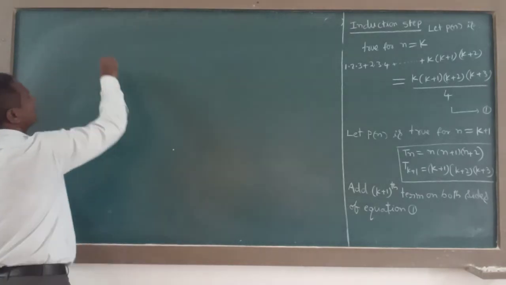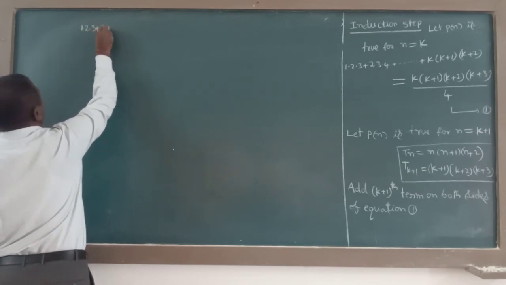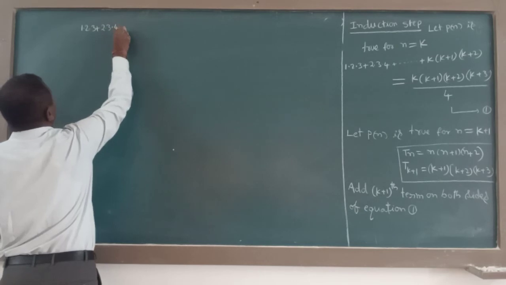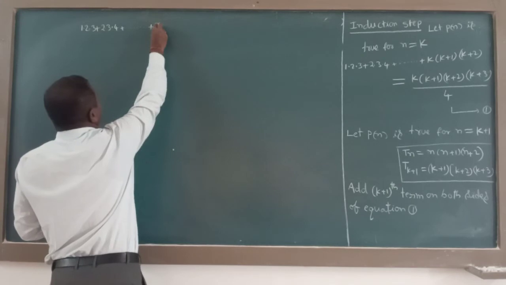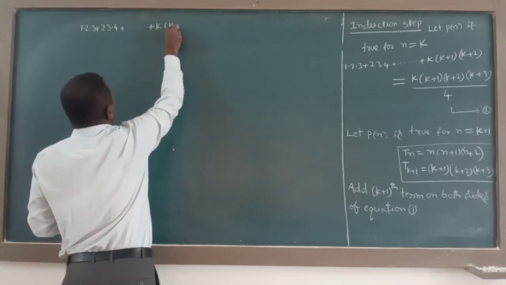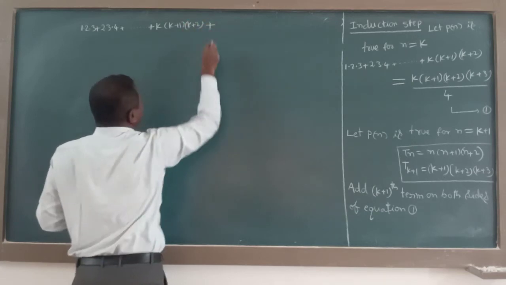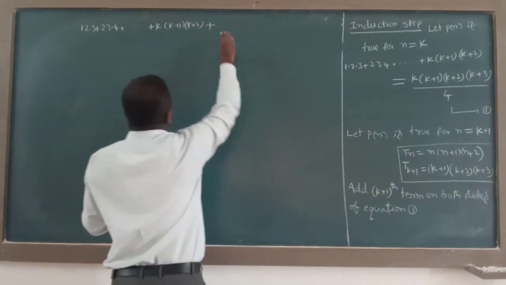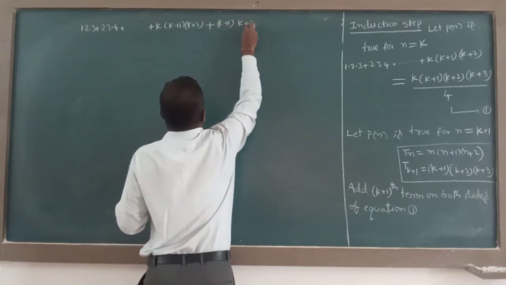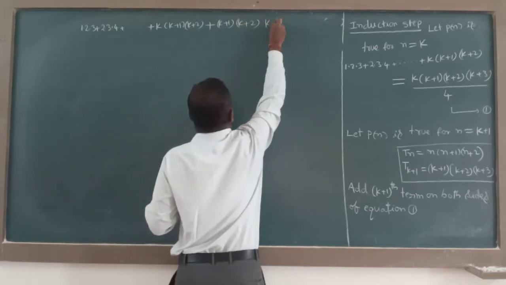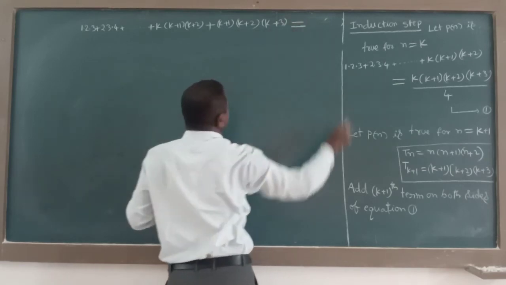k plus 1 plus 1 into 2 into 3 plus 2 into 3 into 4 plus, and so on, plus k into k plus 1 into k plus 2, plus the k plus 1 term, we must add here k plus 1 into k plus 2 into k plus 3, is equal to.